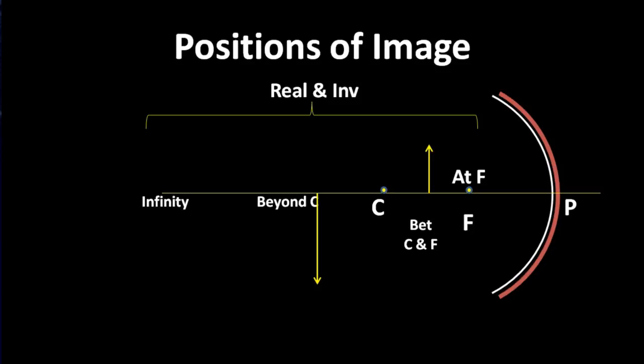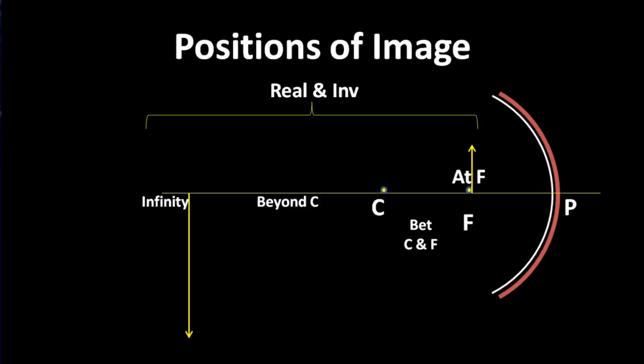So now the object would be at F. We see that the image also has shifted to the adjacent position on the left. That is, it is now formed at infinity. Its size is extremely large.